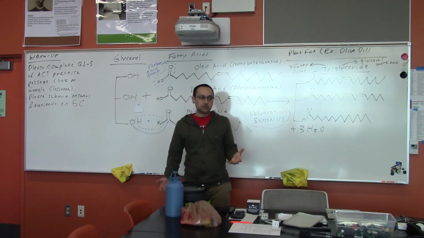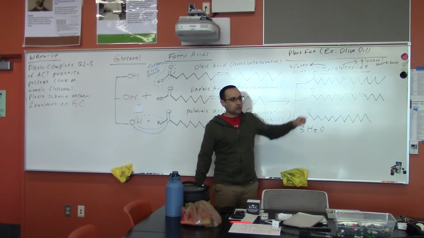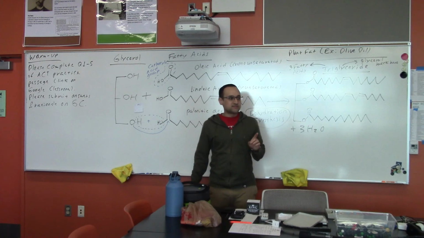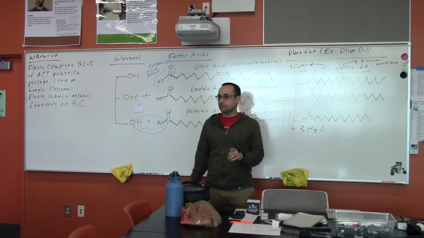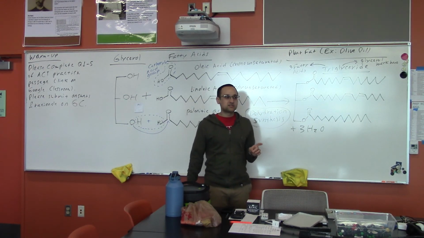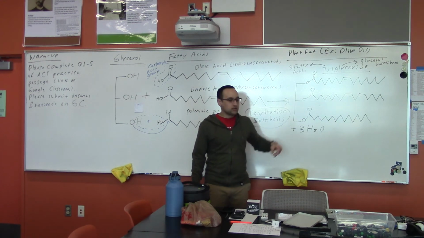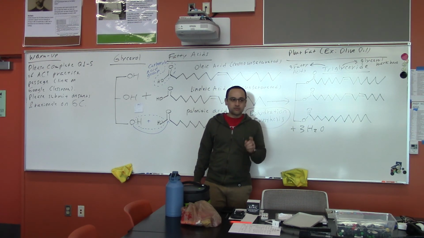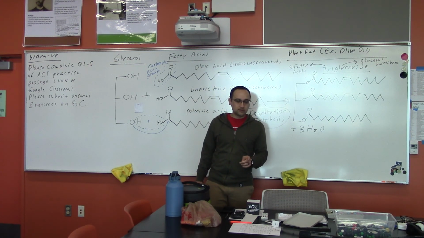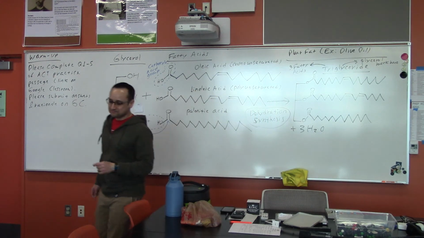Animal fat also exists in triglyceride form, but its fatty acid composition is different. Which fatty acids those are, and why animal fat is solid at room temperature, while plant fat is liquid at room temperature, those questions will wait for next time.